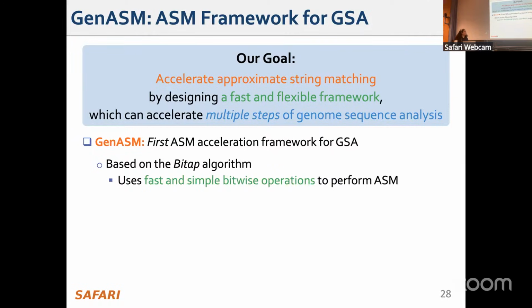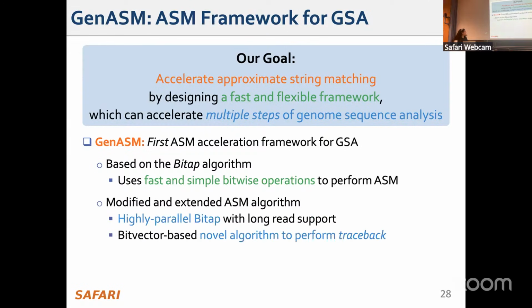I will not go through the Bitap algorithm, but the interesting thing is that on conventional systems it might not be a lot more effective than some other alignment and ASM algorithms. But if you consider the opportunity to design specialized hardware accelerators for it with very large bit vectors, you would benefit from this algorithm much more than from others that perform better on CPUs.